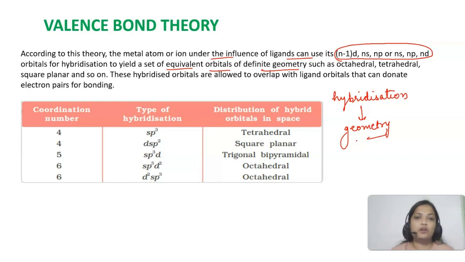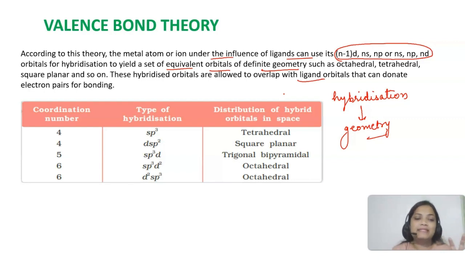When these hybrid orbitals are formed, they are the ones that will overlap with the ligand orbitals, and the ligands will donate an electron pair for the bonding. We know that the metal atom acts as the Lewis acid. Here the ligands are the Lewis bases, meaning they are donating the electron pair.